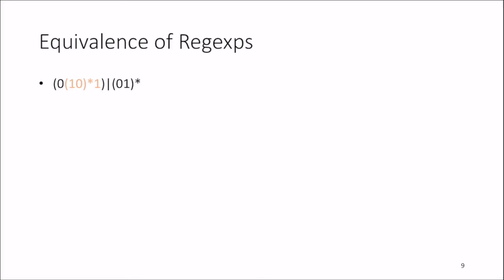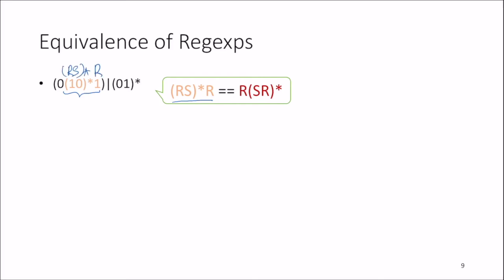So we'll start by looking at a substring of this, which is 1, 0 star 1, and look for some equivalence that we can apply. Among that list of equivalences of regular expressions I showed you, we have r s star r, and you can see it matches over here, because if I write it down, it exactly matches that pattern.